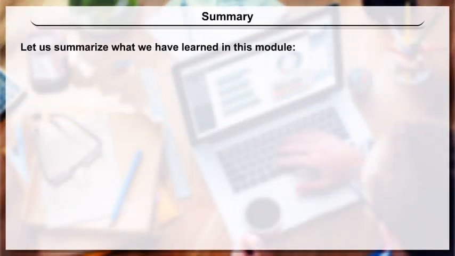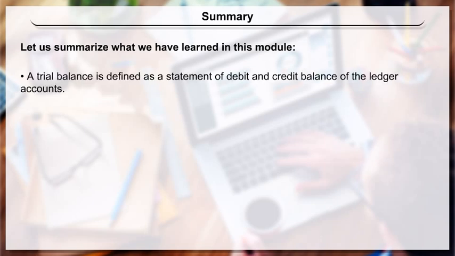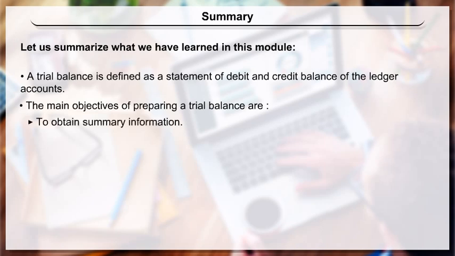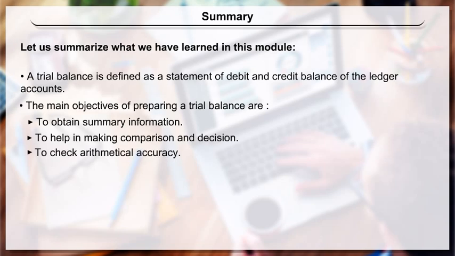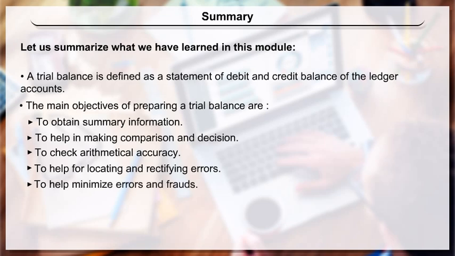Summary. Let us summarize what we have learned in this module. A trial balance is defined as a statement of debit and credit balances of the ledger accounts. The main objectives of preparing a trial balance are: to obtain summary information, to help in making comparison and decision, to check arithmetical accuracy, to help in locating and rectifying errors, to help minimize errors and frauds.